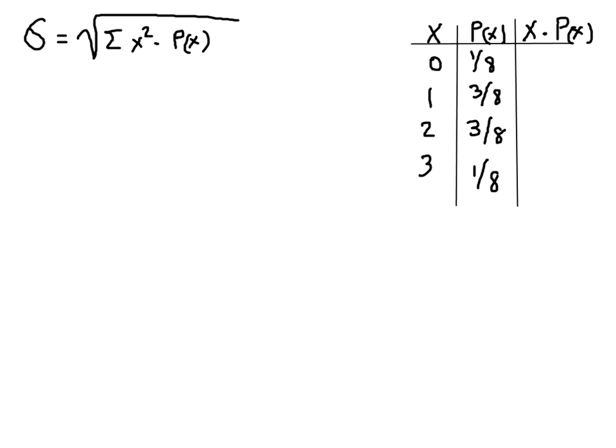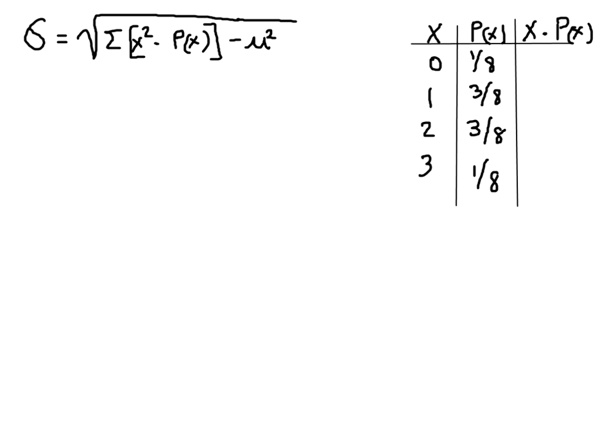So you take x squared times p of x first, and then you add up all your results and subtract the mean, and the mean has to be squared. So that's me just copying the formula from your notes. So it looks like we don't need x times p of x, we need x squared.